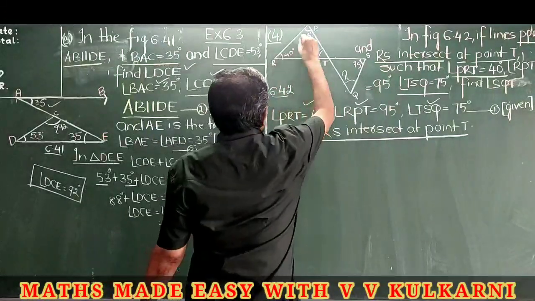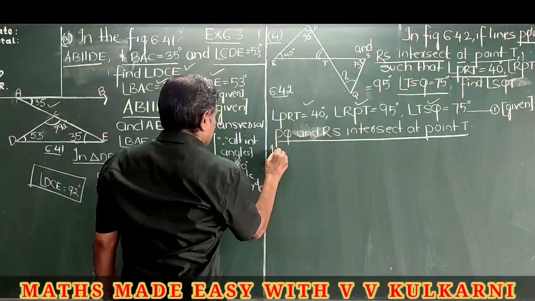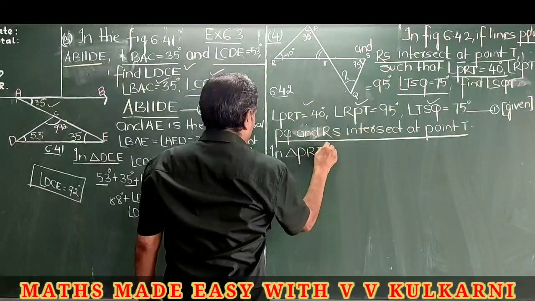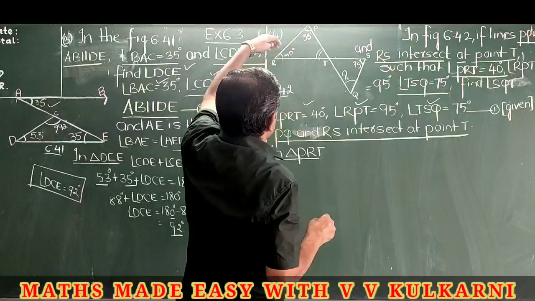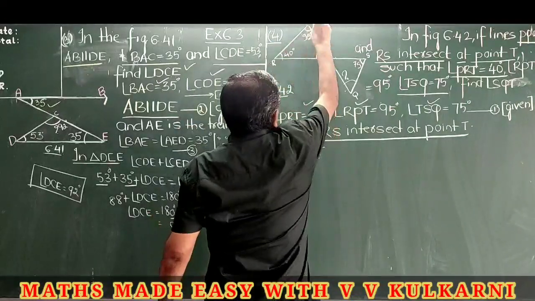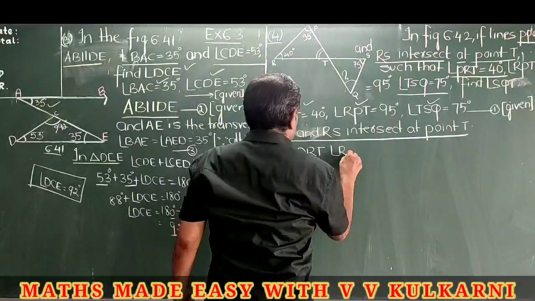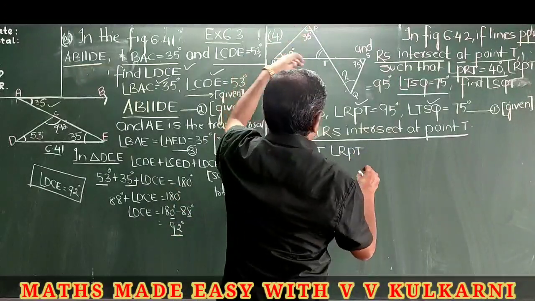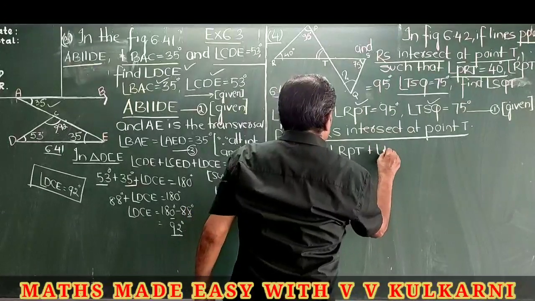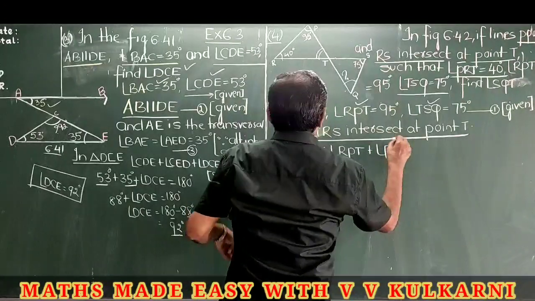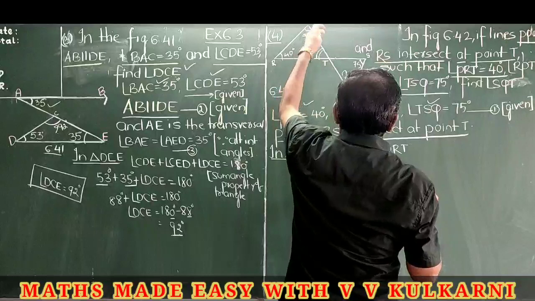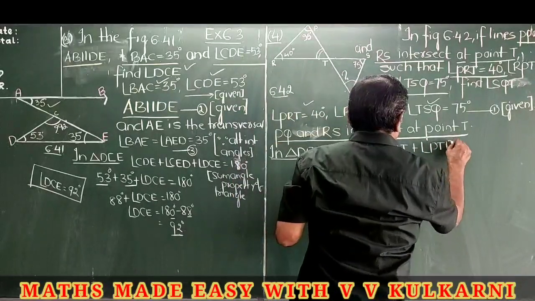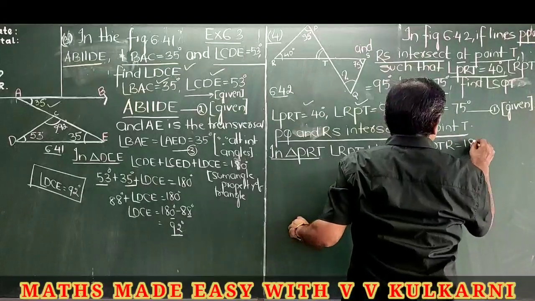So in triangle PRT, angle RPT plus angle PRT plus angle PTR is equal to 180 degrees.